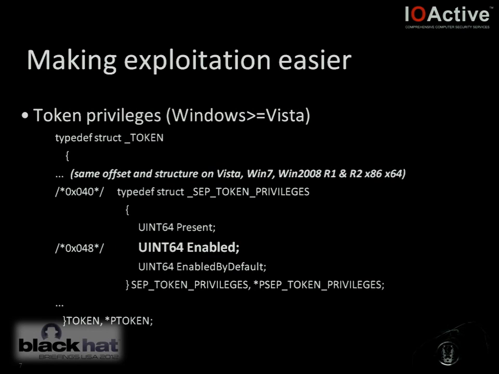It won't check if the privilege was present or not. So you can imagine how to exploit a vulnerability using this trick. It becomes very simple because you can get the token address, then you know it's a fixed offset since Windows Vista, and you have these 3 different fields, and you know you have to write on the enable field in order to enable different privileges.